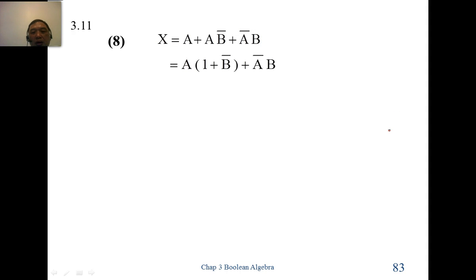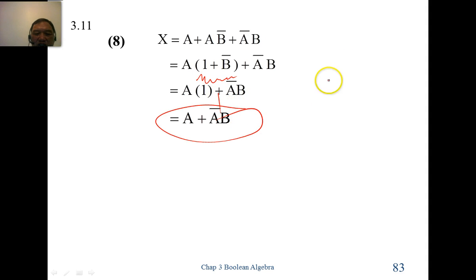This example. Alright, we take out the common factor. This one, by this time you know already, 1 plus anything is equal to 1, right? Okay, fine. So it's equal to A bar B. Also by this time you know already, right? This guy can simply be written as A plus B, right?